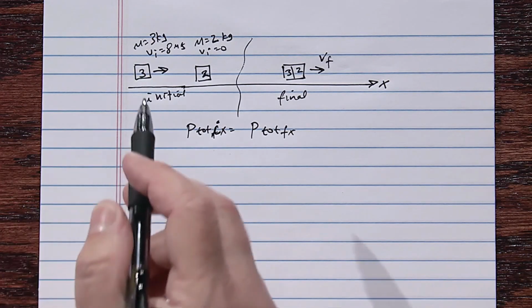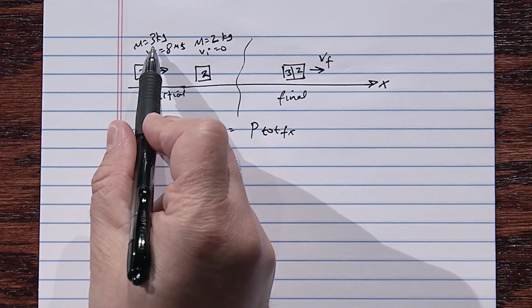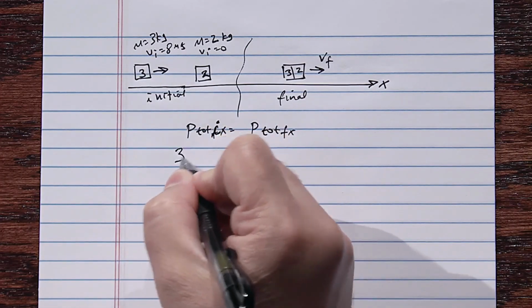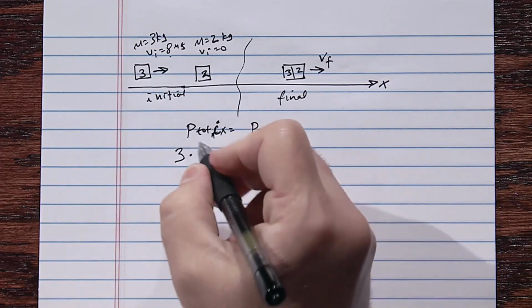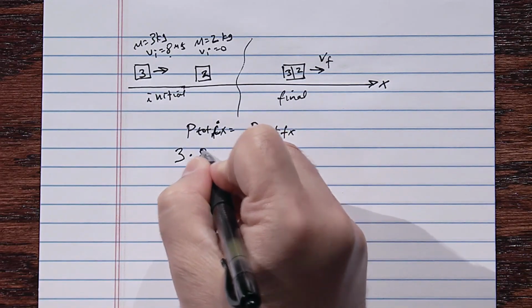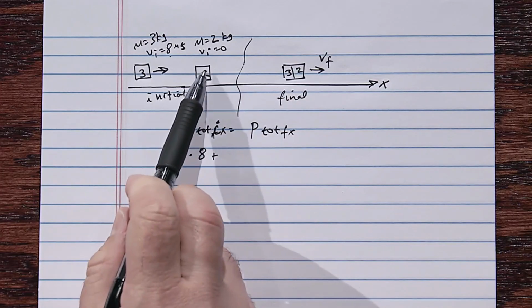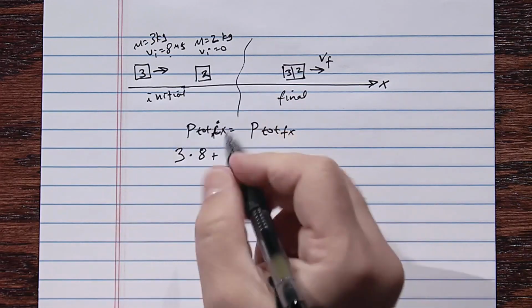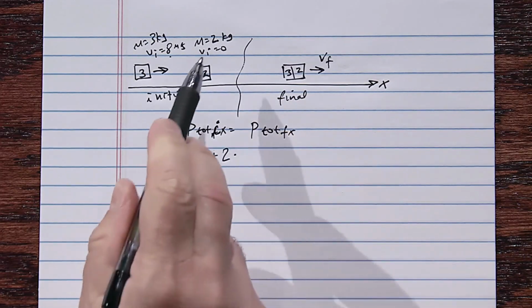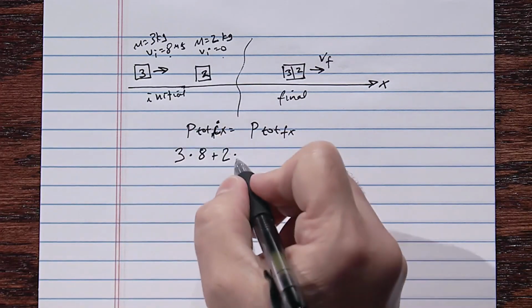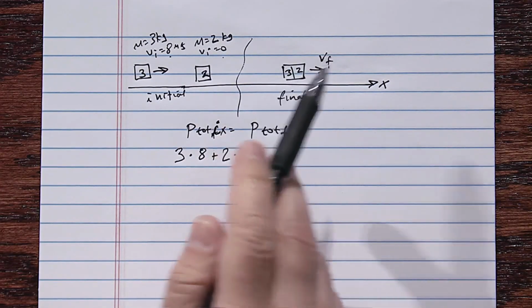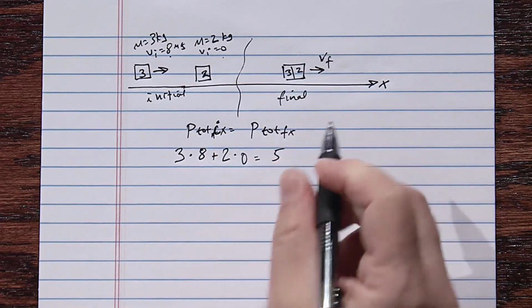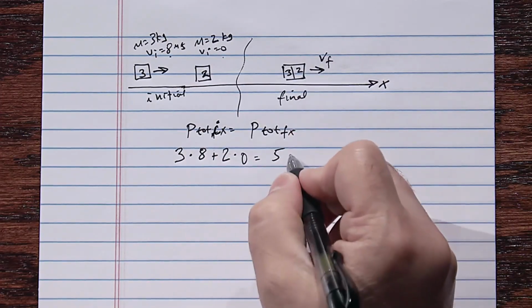What do we have initially? We have 3 kilograms times 8 meters per second plus 2 kilograms times 0 meters per second is equal to 5 kilograms times V final.